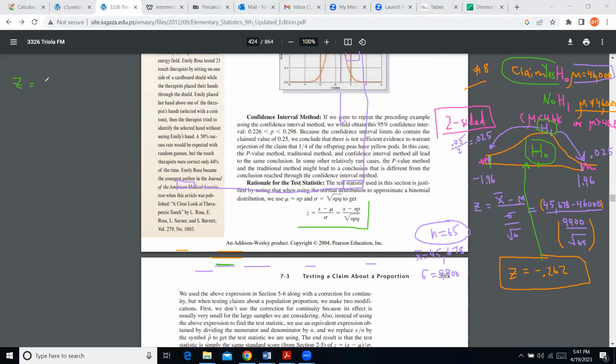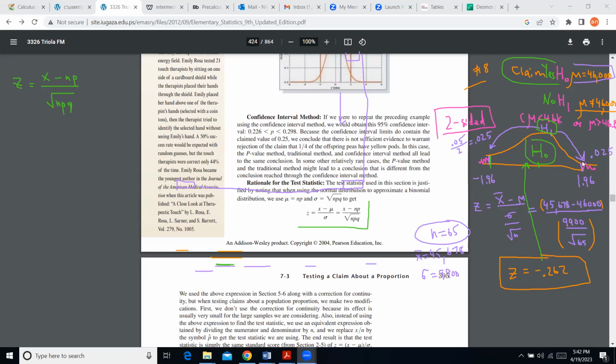So they have here x minus mean. Remember, for binomial, it's np, and then the square root of npq, which is not very surprising here, right? That's what they have in a case if they are dealing with the binomial distribution.